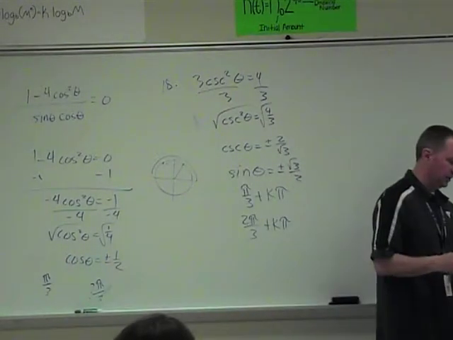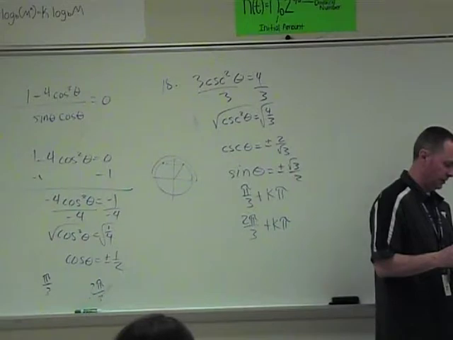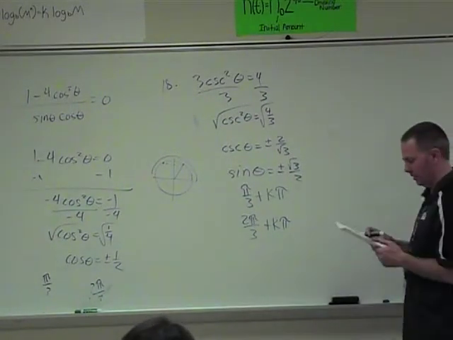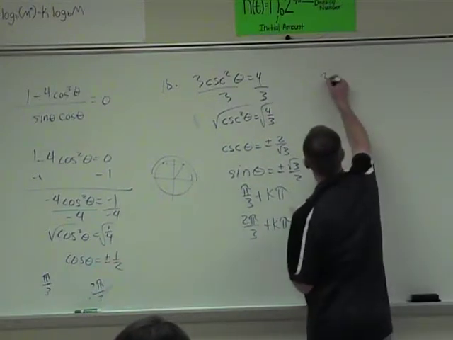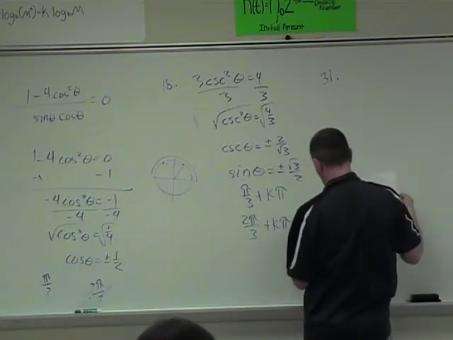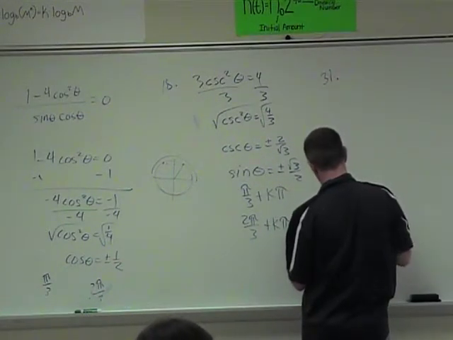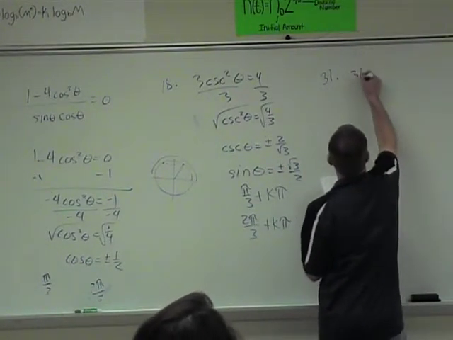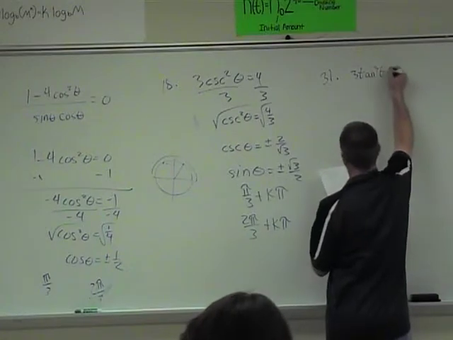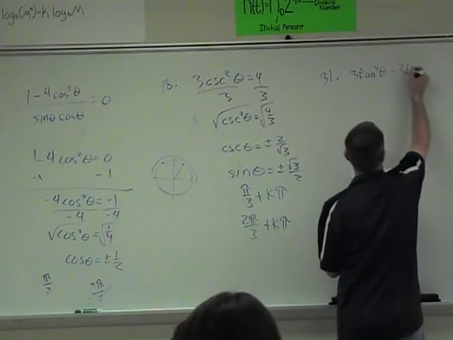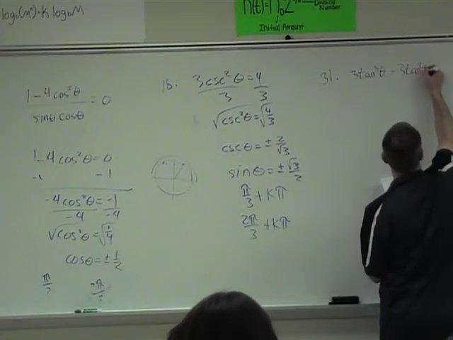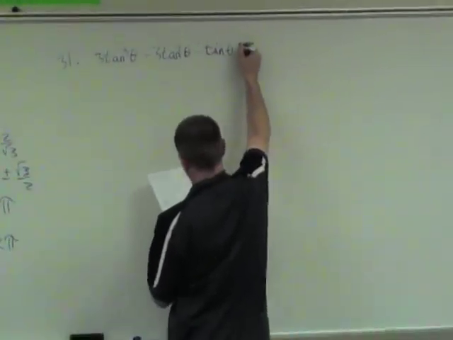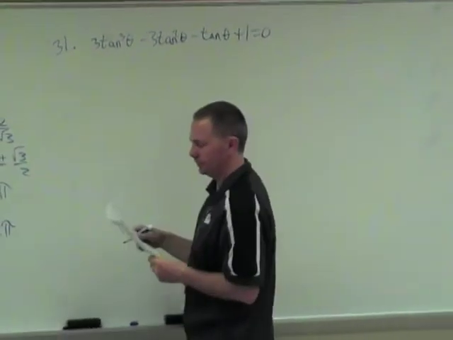This is just continuing from yesterday. How about we look at something crazy? 3 tangent cubed of theta minus 3 tangent squared of theta minus tangent of theta plus 1 equals 0.